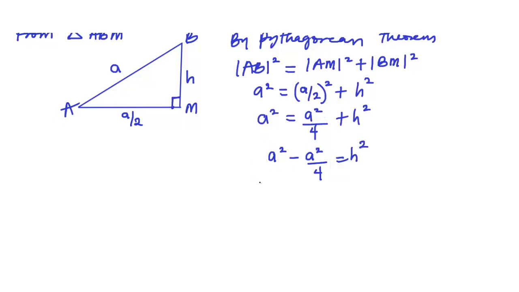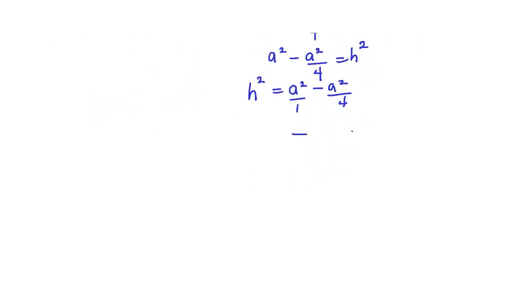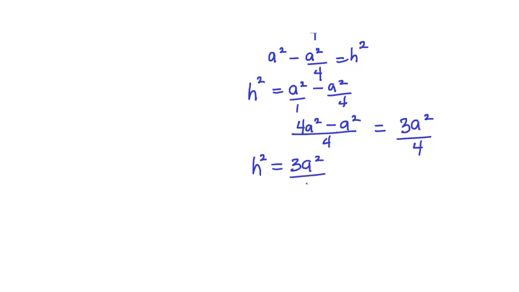So H square is equal to A square minus A square over 4. This is over 1, so let's find the LCM, which is 4. 4 times A square is 4A square, minus 1 times A square is A square. So 4A square minus A square gives 3A square over 4. So H square is equal to 3A square over 4.